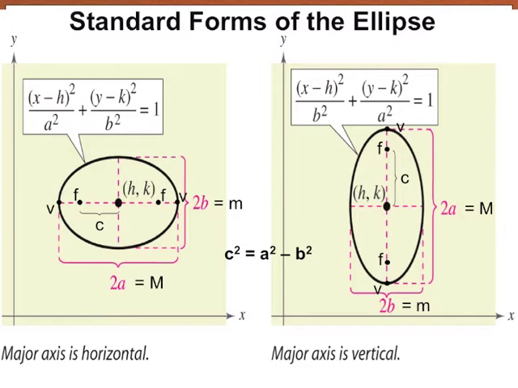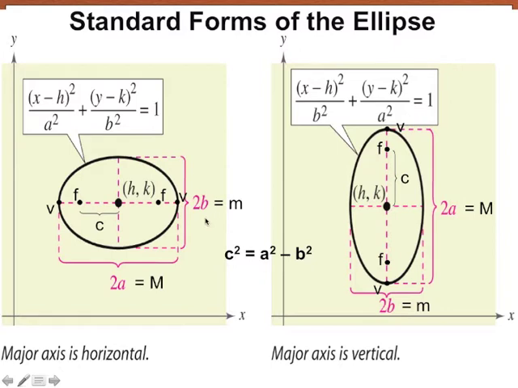I have my 2a, which is my major axis, and a by definition is half of the major axis. So, of course, 2 times a is M, the major axis. So 2a is the major axis, and this is a horizontal ellipse, so it's a horizontal major axis. And then also I have 2b equals little m. Little m is my minor axis.